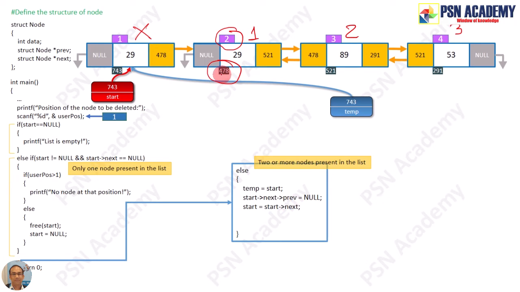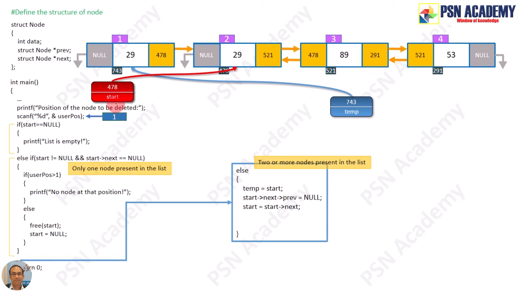Now 478 is with the next pointer of start, that means this. So start next means 478. So 478 will be loaded inside start. So when this line will be executed, then this will be replaced with 478 here, and this link vanishes and this link will be established.